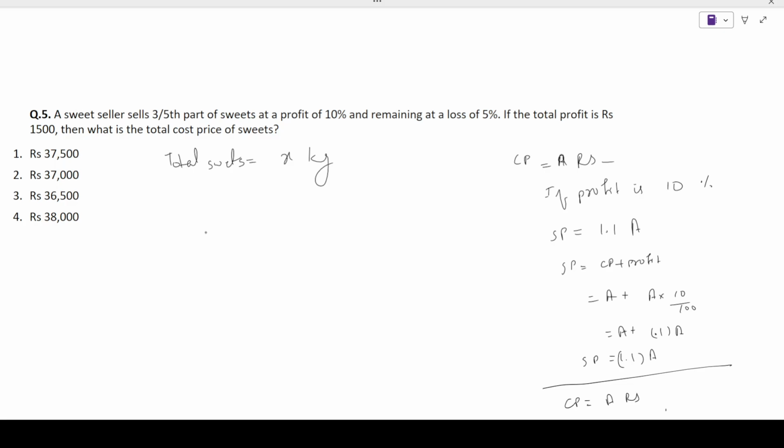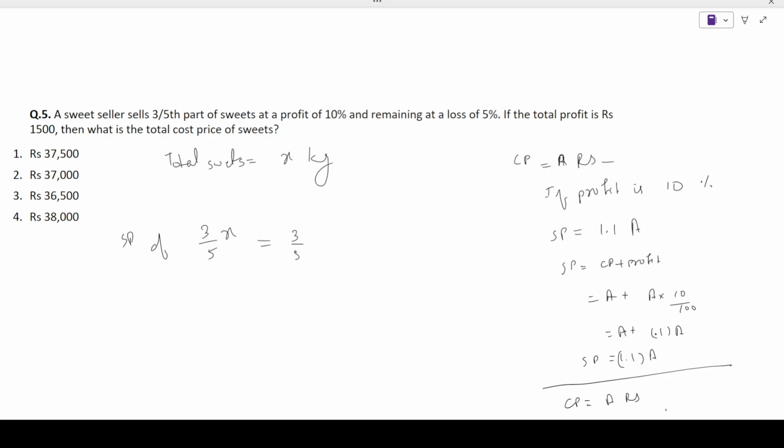Now we are told that 3 by 5 part of this, 3 by 5 x, is sold at a profit of 10%.